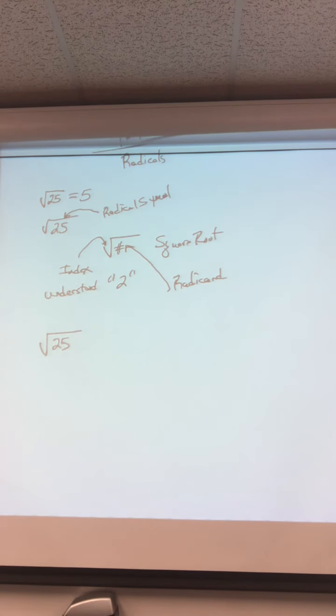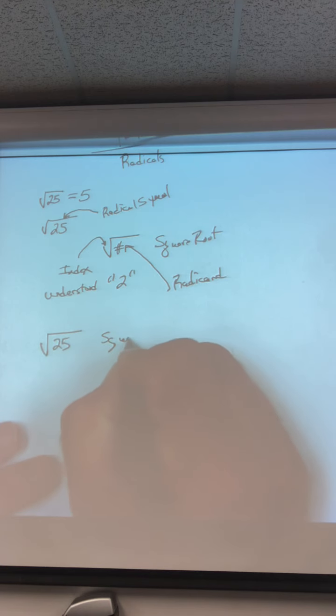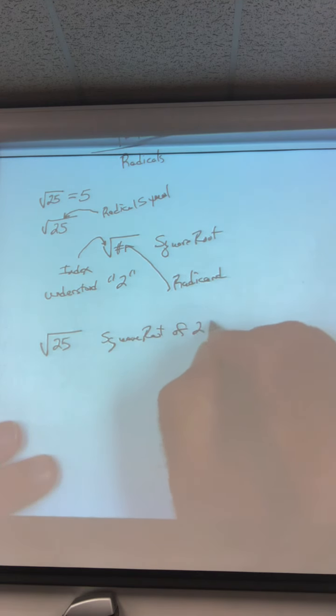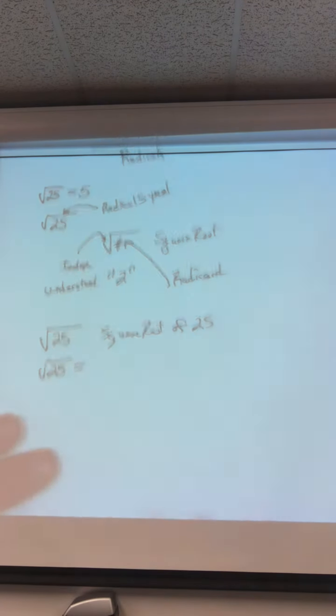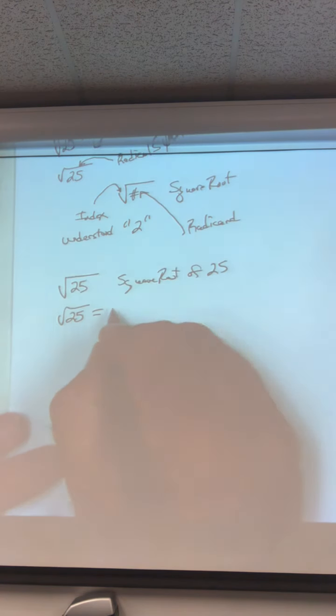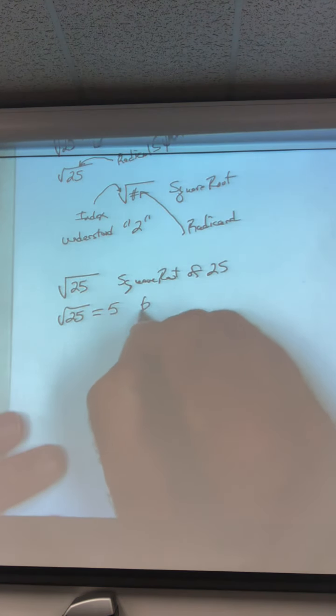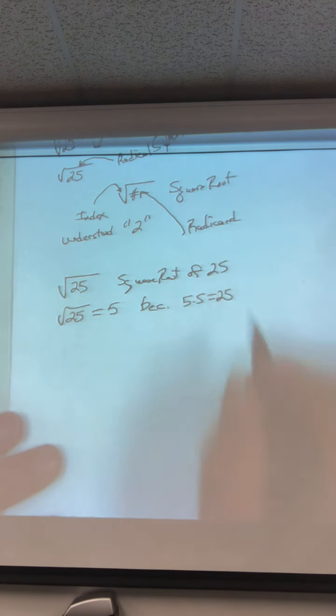And so that's asking for the square root of 25. Now remember what square root of 25 means. It means what times itself gives you 25, of course, which is 5, because 5 times 5 is 25.